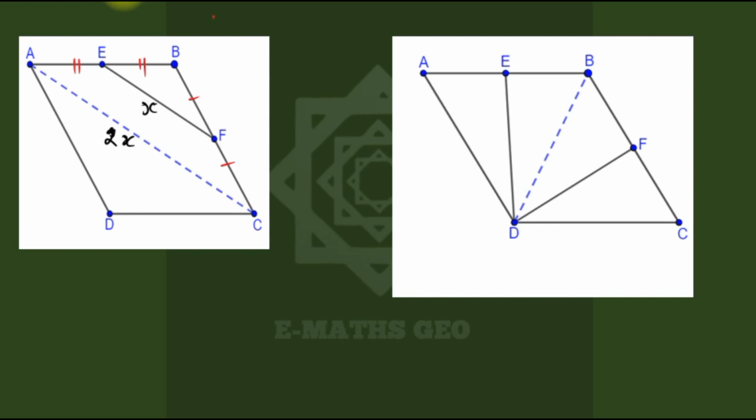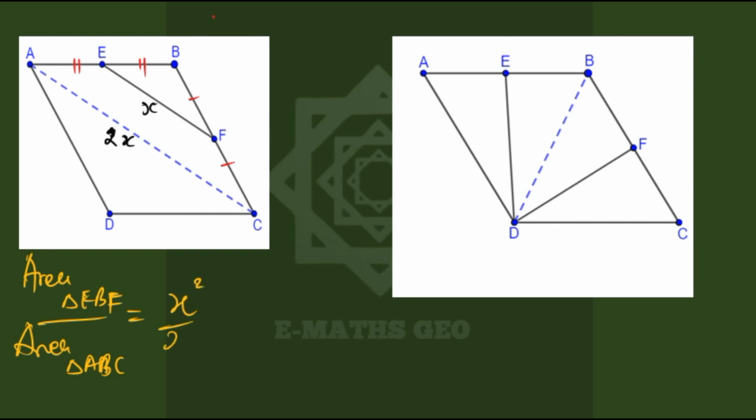Now, since I'm using similar triangles, that's the ratio of area. So if you take the ratio of the area of triangle EBF to that of the bigger triangle ABC, if you remember, the ratio of areas of similar triangles is the ratio of the squares of the corresponding sides, which is x squared over 2x all squared, so it will be 1:4.